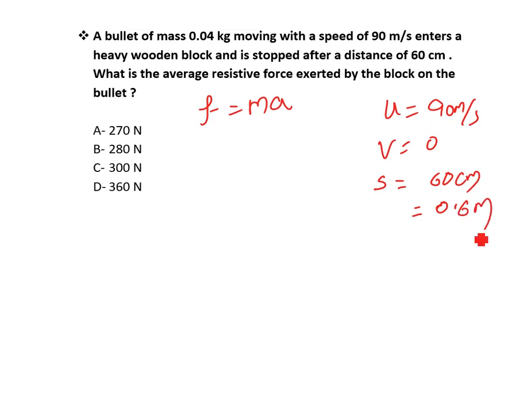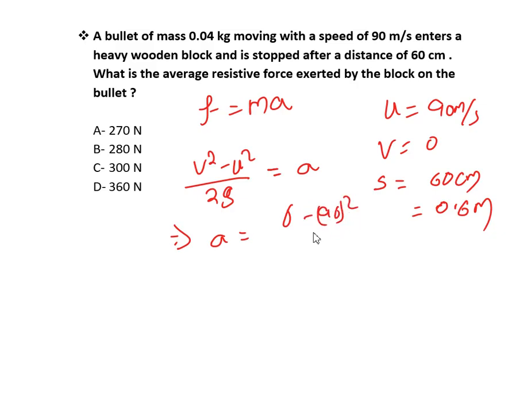So I can apply the formula like the previous one, v square minus u square by 2s equal to a. So directly I am calculating a equal to v square, which is 0, minus 90 whole square, divided by 2 into 0.6. So this is 90.